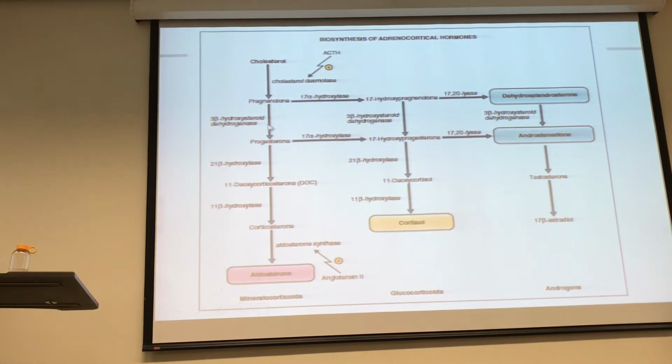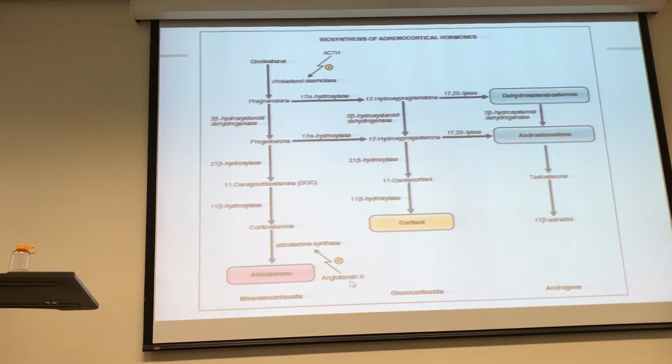Now you can also have corticosterone formed, and corticosterone is formed from pregnenolone to progesterone, and from progesterone you have 11 deoxycorticosterone and corticosterone under the action of 21 beta hydroxylase and 11 beta hydroxylase.